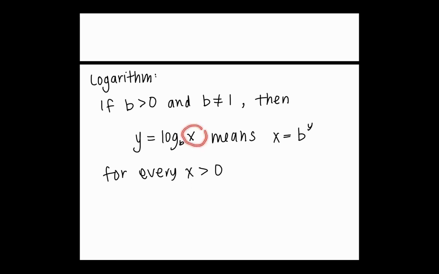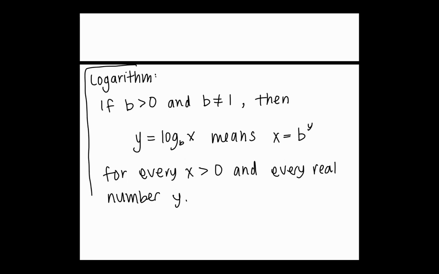So we're saying that my domain is x has to be bigger than 0, which makes sense because will an exponential function ever give you a negative output? No. So x is greater than 0, and every real number y.